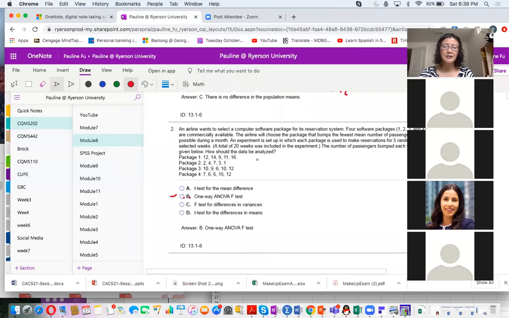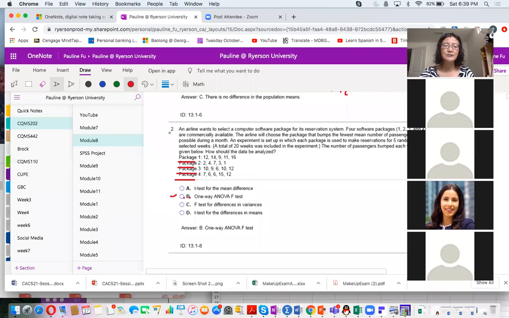This one is question 2. You are given four populations. You want to compare the means, okay? By the way, the ANOVA test not only applies to 3, it is 3 or more. Compare 3 population means, 4 population means, 5 population means, 3 or more, okay?